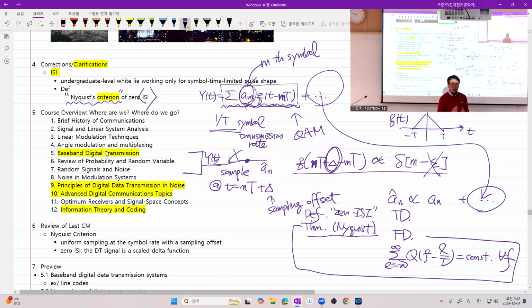So remember this: the Nyquist criterion by definition is made in the time domain. However, Nyquist himself derived an equivalent definition in the frequency domain. Got it? The left-hand side is called the folded spectrum.